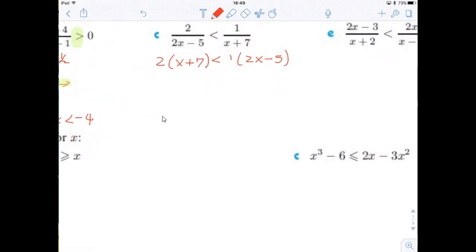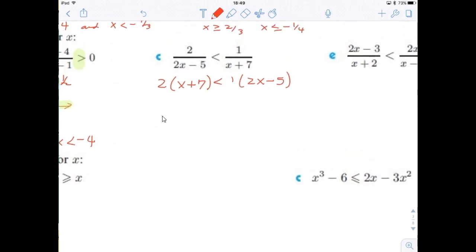And you notice that when I multiplied each side by the opposite side's values, like I might multiply both sides by 2x minus 5, I multiplied both sides by x plus 7, I didn't really pay attention to the fact that maybe these expressions, 2x minus 5 and x plus 7, are negative values. And if they're negative values and I multiply by negative values, then I need to be careful about inverting the inequality, right? But the first thing I'm going to do is I'm going to assume that both values are positive and see what happens, okay?